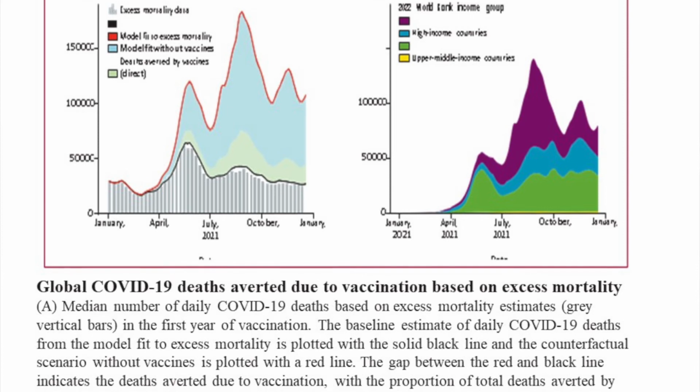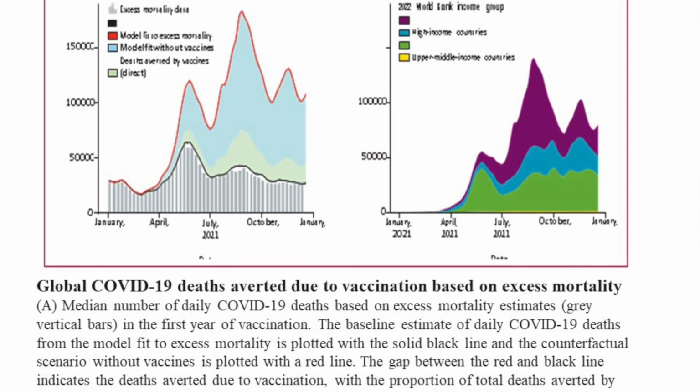And basically, if you look at this, I apologize for the granularity of this original figure. I tried to get it from the article, but that's the best I could do.